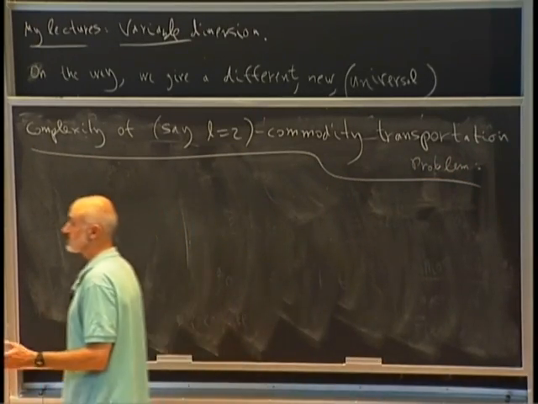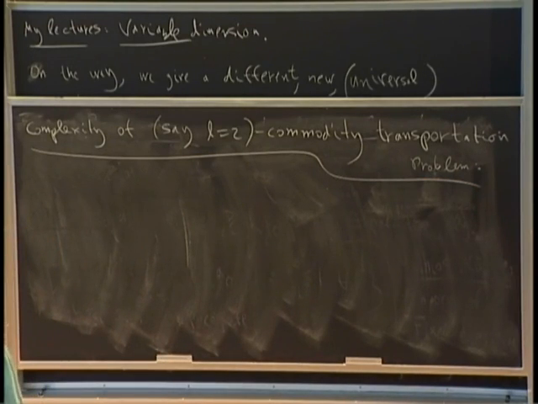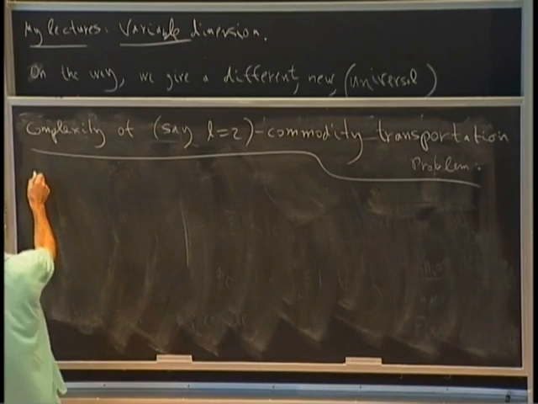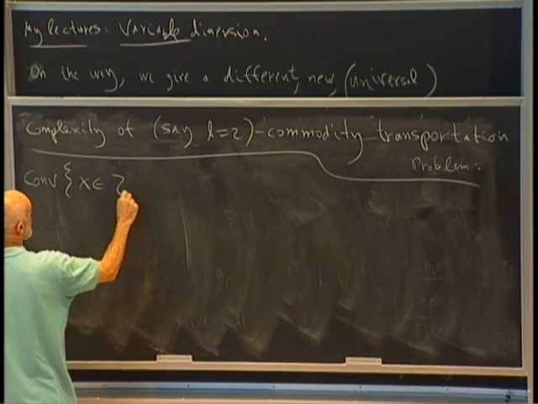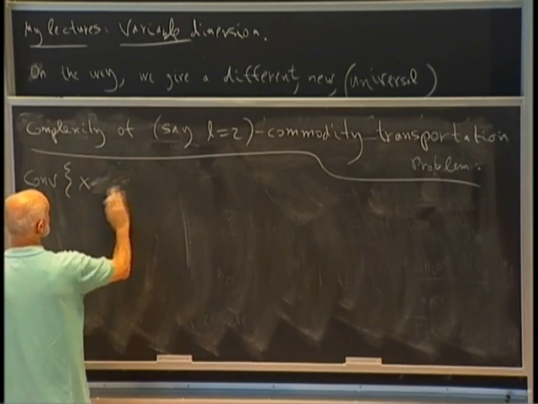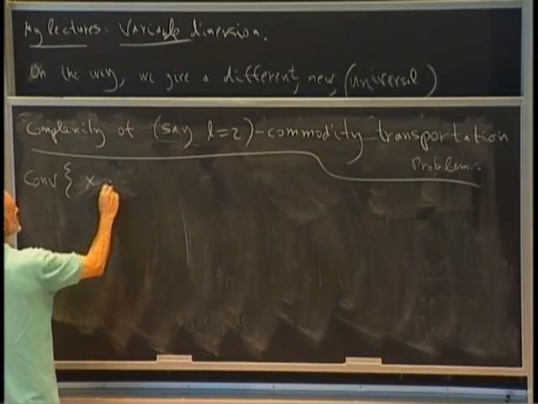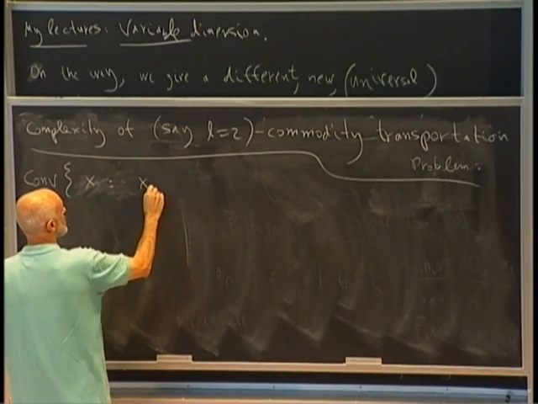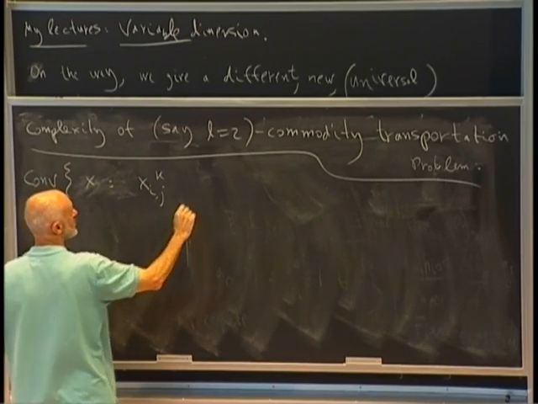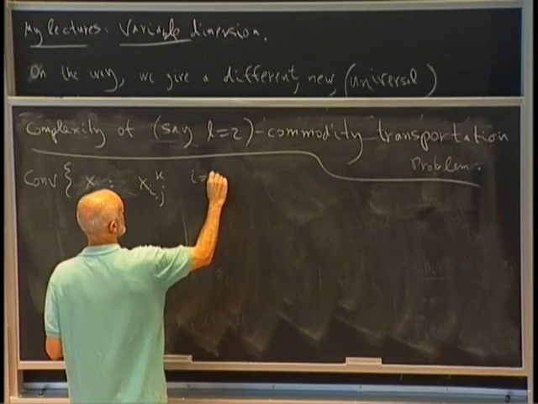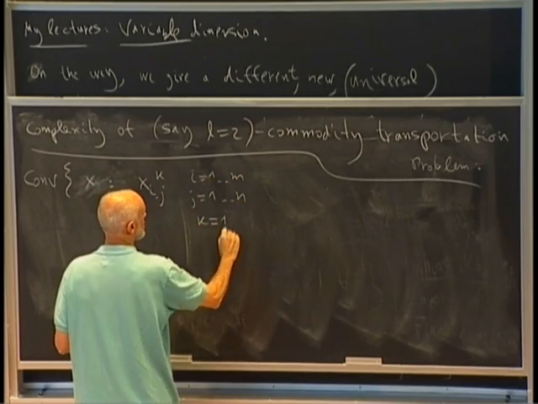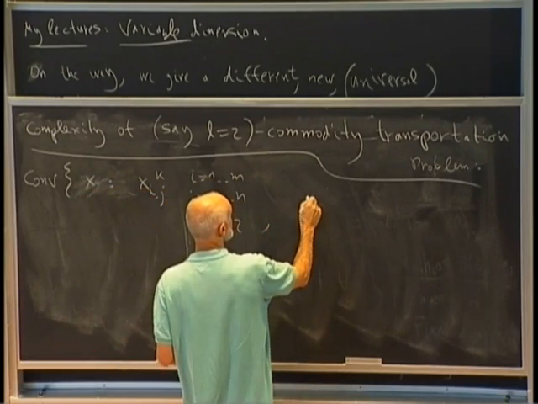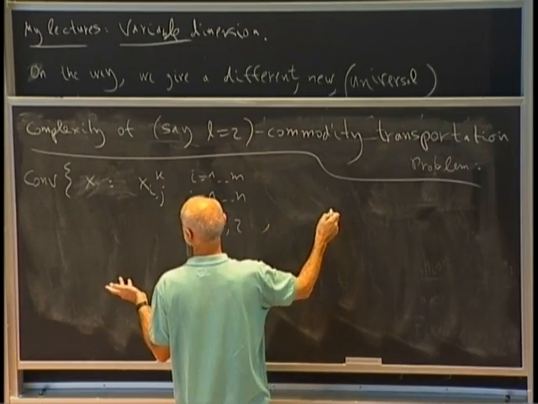Well, we learned something, right? We can look at the relaxation. So let's try this. Suppose we just want to think about this. Convex hull of all x such that x_ijk and all these constraints.